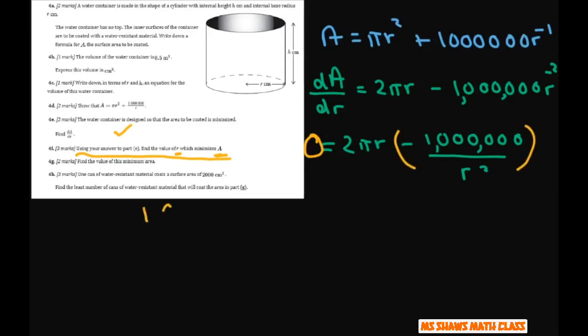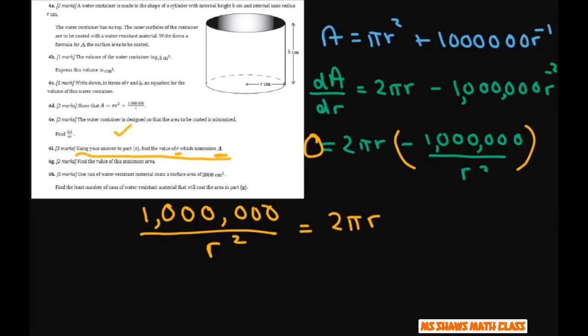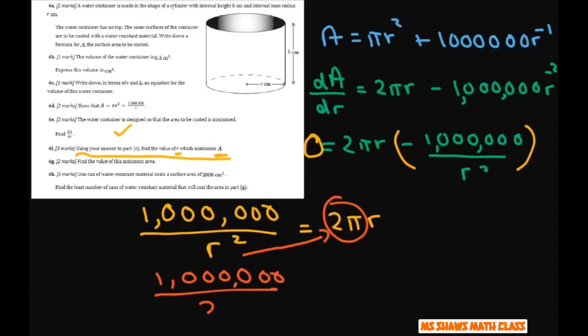So you get 1 million divided by r squared equals 2 pi r. Now if you simplify this further, I'm going to divide by 2 pi. So I get 1 million divided by 2 pi equals r cubed.